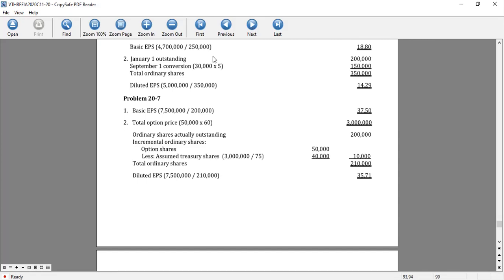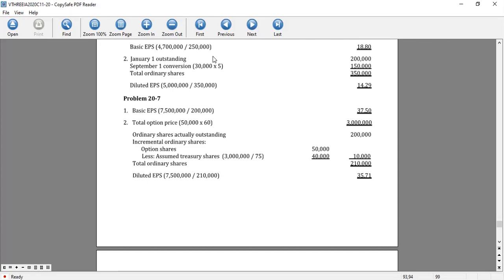Ordinary shares actually outstanding is 200,000. Incremental ordinary shares, option shares of 50,000. Then assumed treasury shares of 3 million divided by 75, or 40,000.